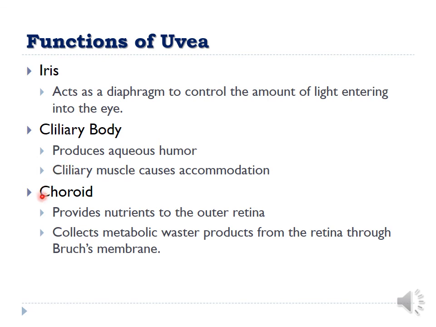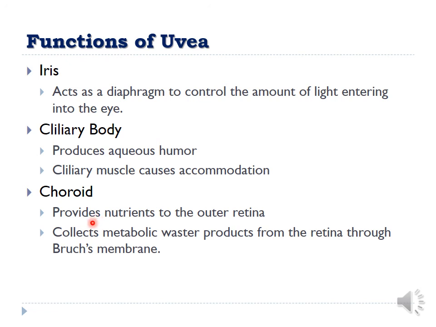And choroid has a couple of other functions. One, it provides nutrients to the outer retina. We already understood that the basic function of choroid is to provide nutrients and oxygen to the outer retina, because your photoreceptor cells are sitting in the outer retina.